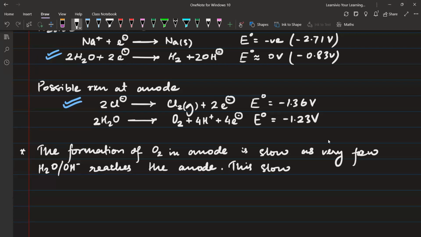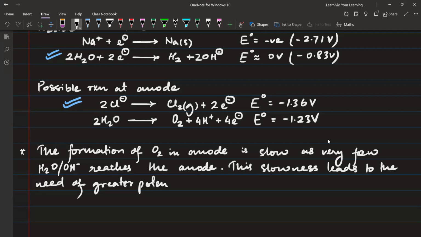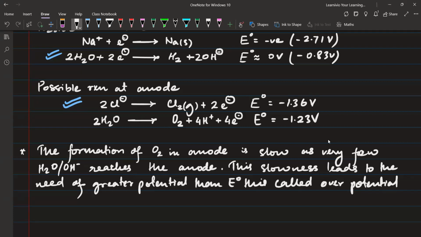This slowness leads to the need of greater potential than E naught. This is called overpotential or overvoltage.